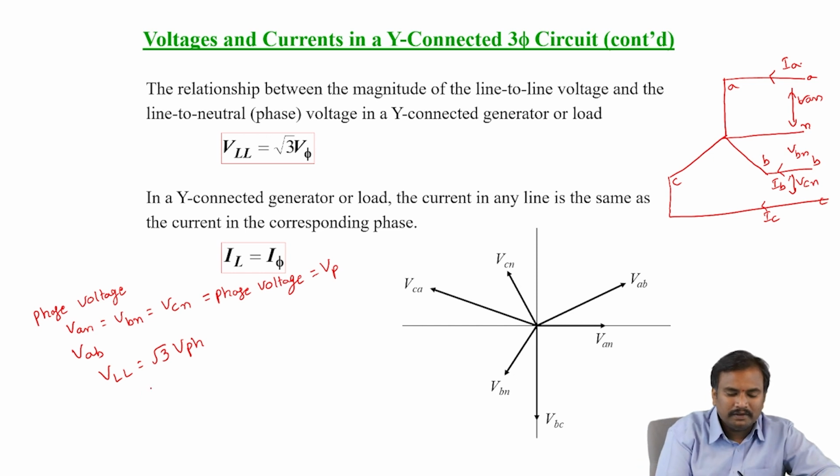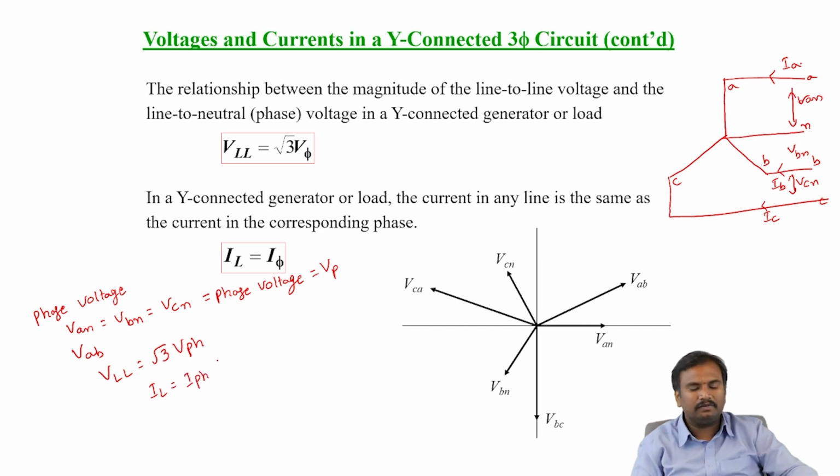So the line current equals the phase current in the star connected three phase circuit. In a star connected three phase circuit, the phase voltage is the voltage between phase and neutral, the line to line voltage is root 3 times the phase voltage, and the line current equals the phase current.